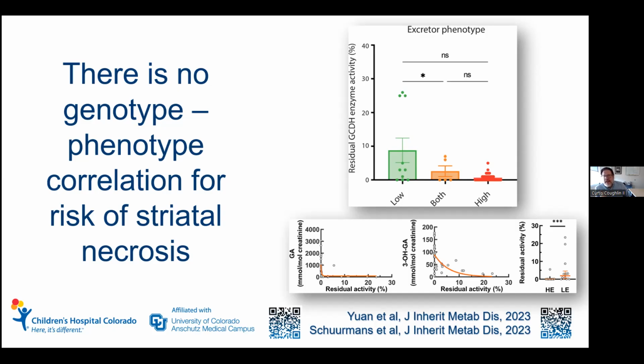Is it because there's something innate about having the low excretor phenotype that gives you that slightly higher risk, or is it something that we're doing as the medical team, thinking, oh, maybe the biochemistry is not as severe, so we're not being as cautious with this patient? I really want to emphasize this again: there is no genotype-phenotype correlation for risk of metabolic stroke, brain injury, or striatal disease. Every patient, regardless of their biochemistry or their enzyme activity, we should be on the same alert for.